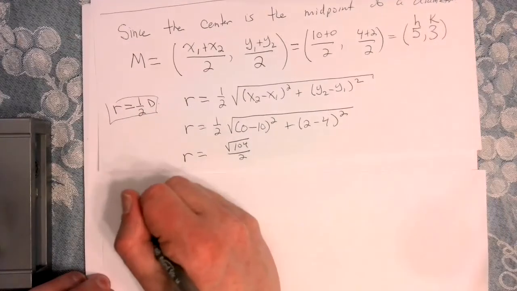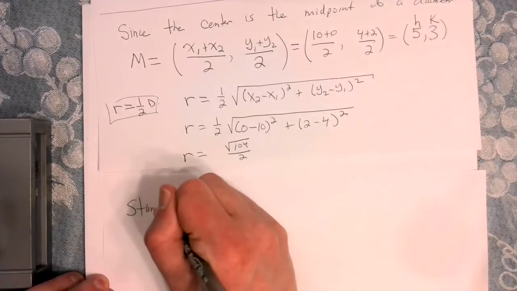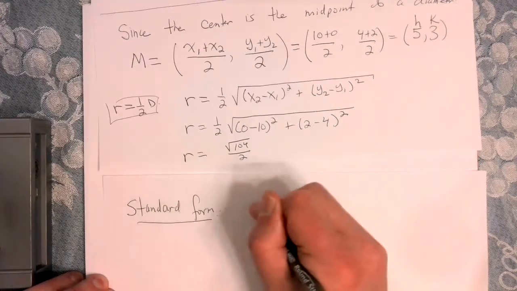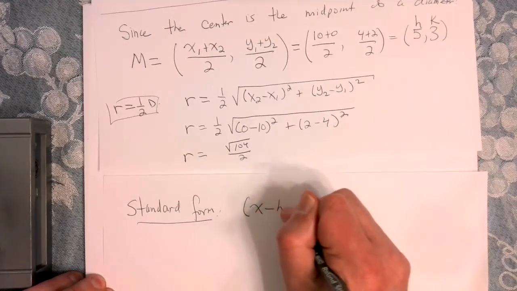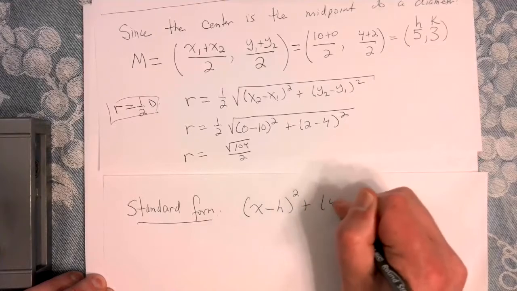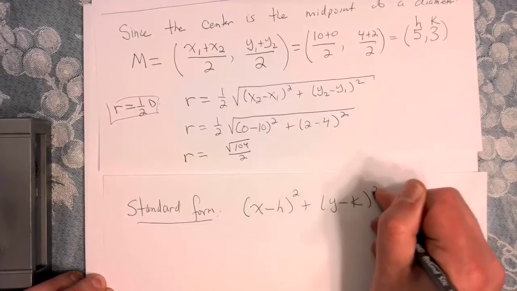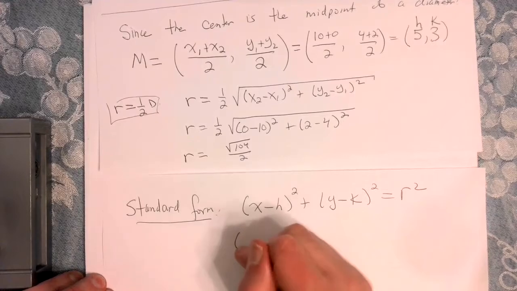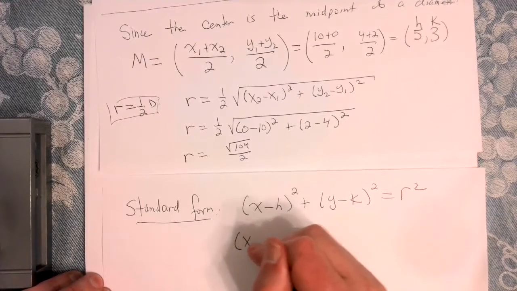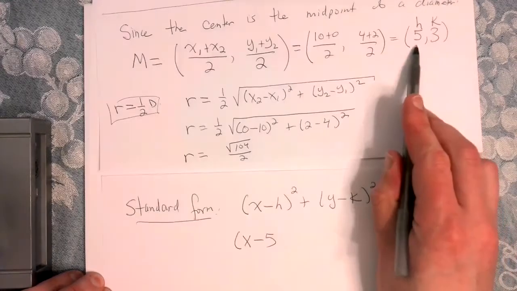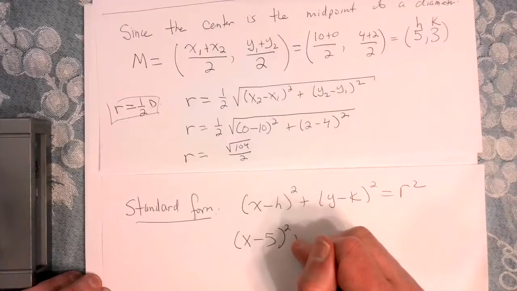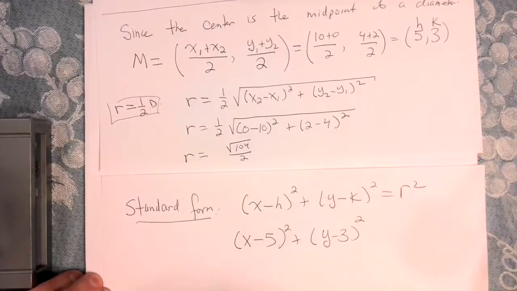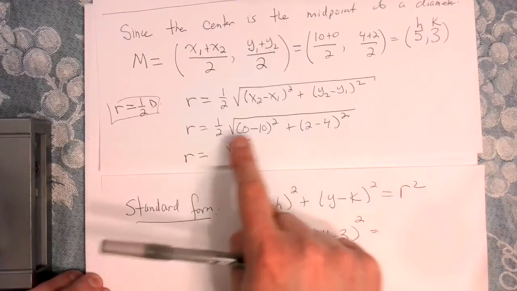Okay, so standard form of a circle: x minus h quantity squared plus y minus k quantity squared equals r squared. And so what does that mean for us? So we need x minus 5, right? So x minus 5 quantity squared plus y minus 3 quantity squared equals the radius squared.